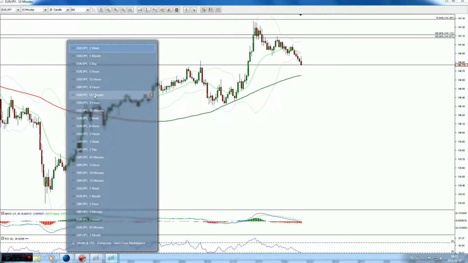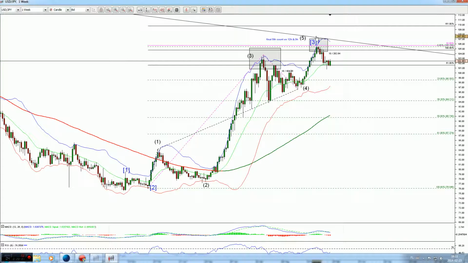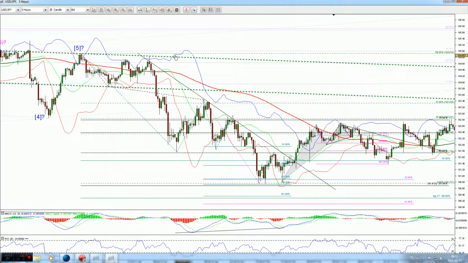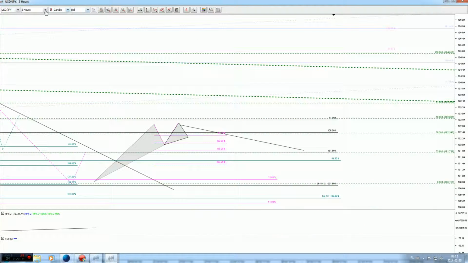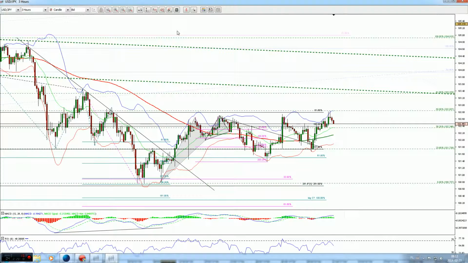And on the 3 hours chart, let's go once again. The 3 was completed. The market did an A. The market is doing a B wave and most probably a C wave. And the B waves are usually quite difficult to count, to be honest, and less reliable, so you must be a little bit more cautious about these B waves.